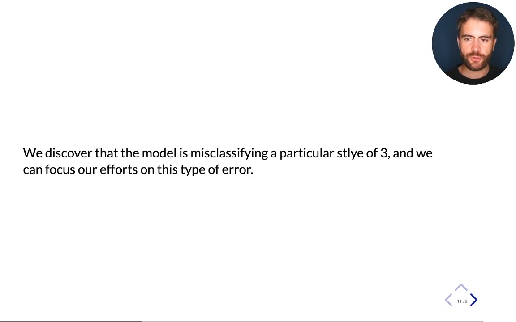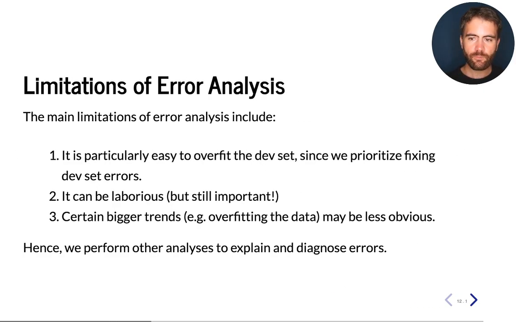There are many different solutions, but we have identified this error as being particularly important for this particular model and data set. So this was our last example of error analysis.